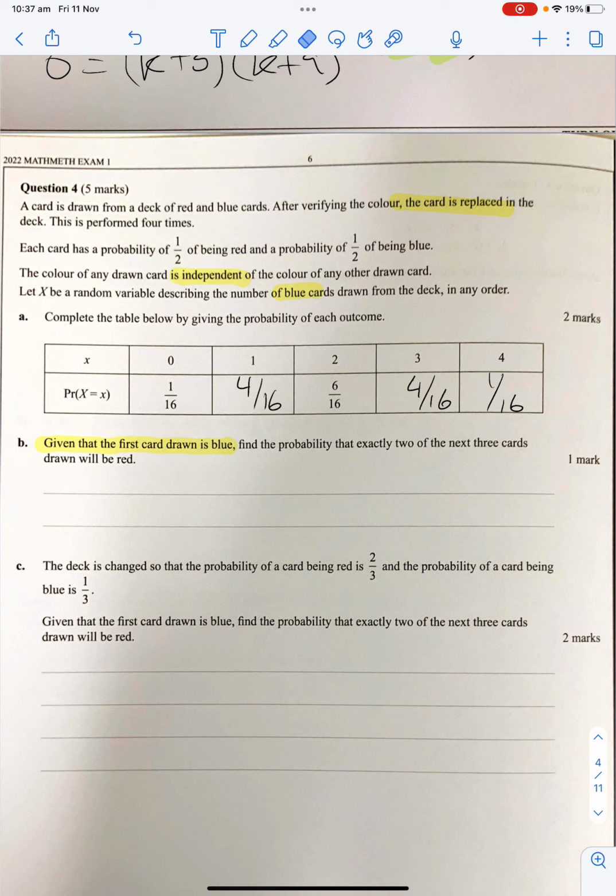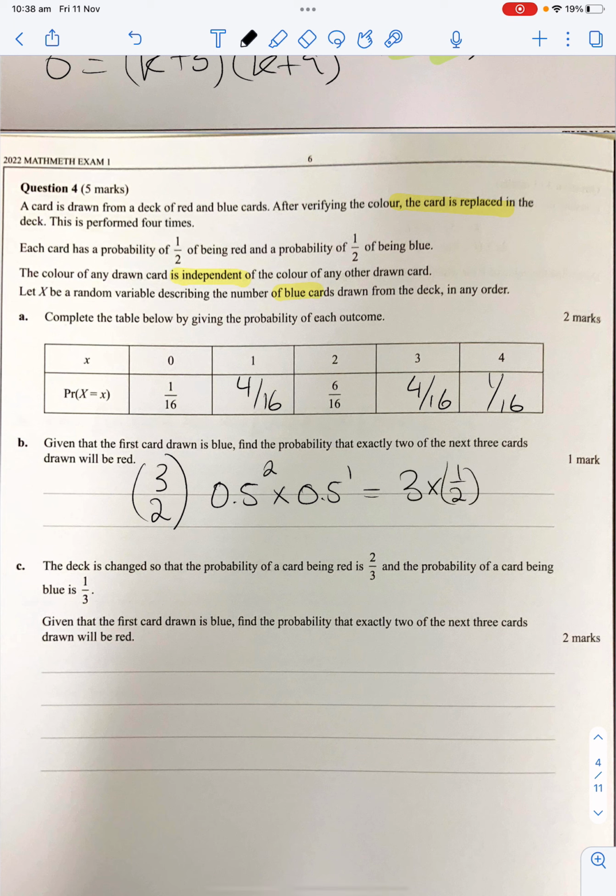Now they have the same probability, so it really doesn't matter. So we got 3 combination 2 of 0.5 squared times 0.5 to the power of 1. So that equals 3 times a half cubed, which equals 3 over 8.